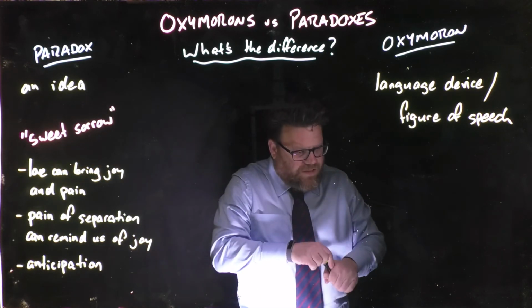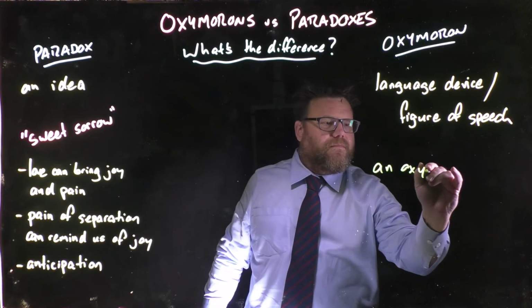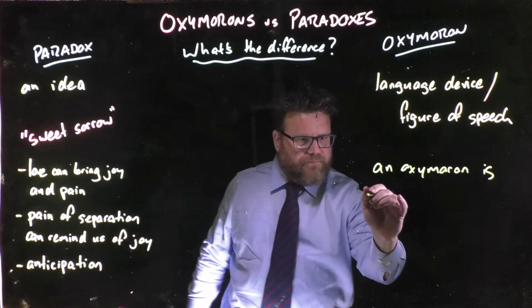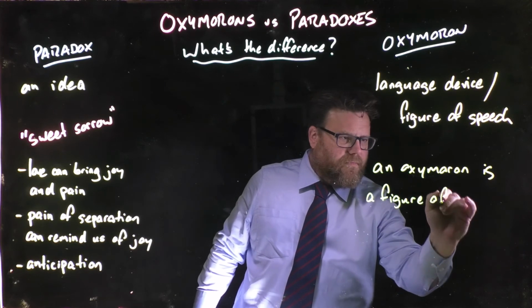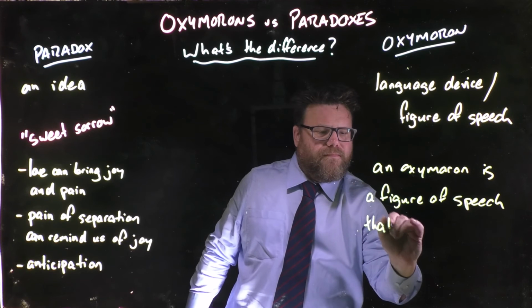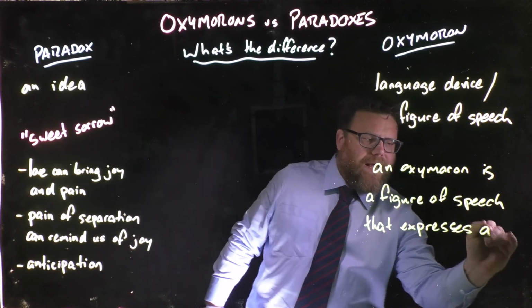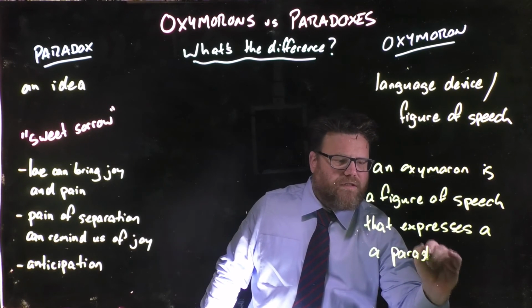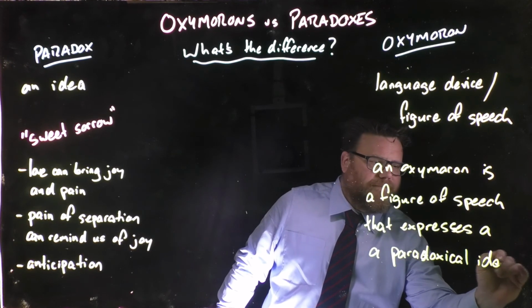So I guess the way to think of it is that an oxymoron is a figure of speech that expresses a paradox, a paradoxical idea.